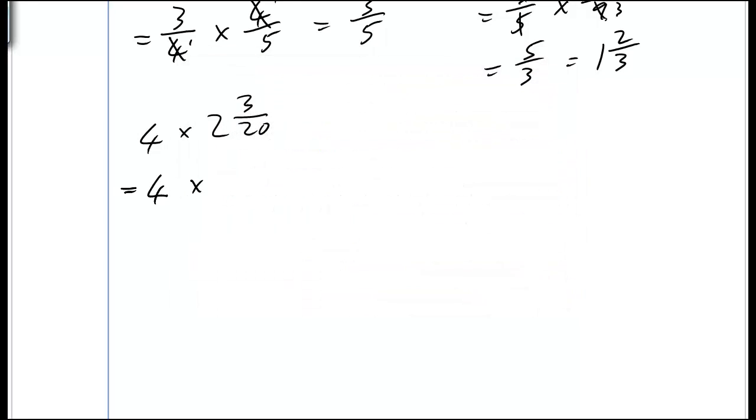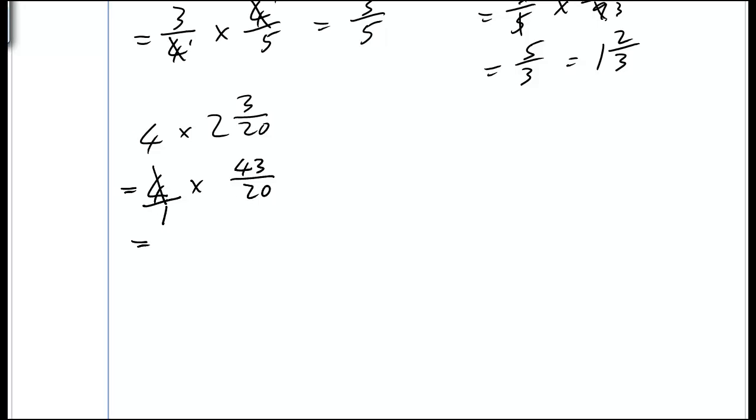So this 2 and 3 over 20 equals 43 over 20. Okay? Now, all you have to do now, oh, by the way, you probably should write 4 as 4 over 1, because 4 is the same as 4 over 1. So you write all these numbers as fractions, and improper fractions in this case, and then you just go through and you simplify.